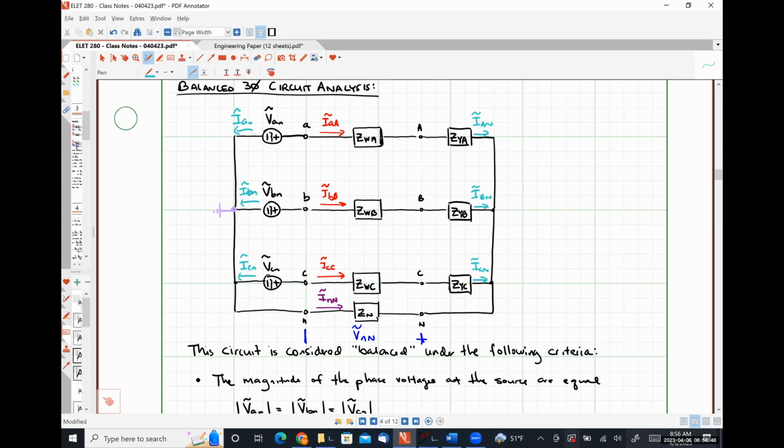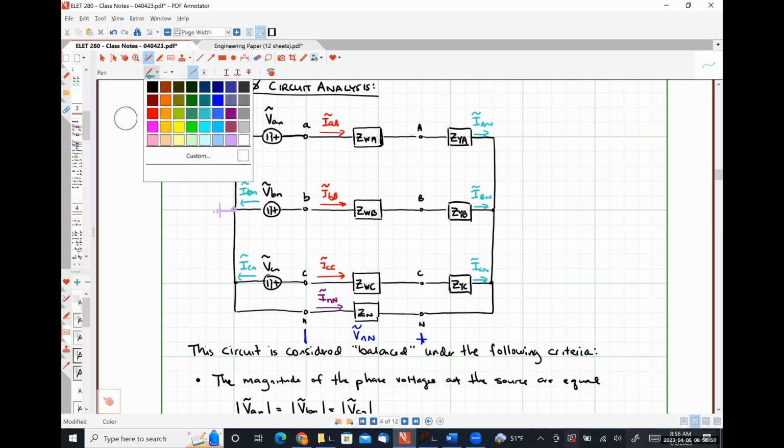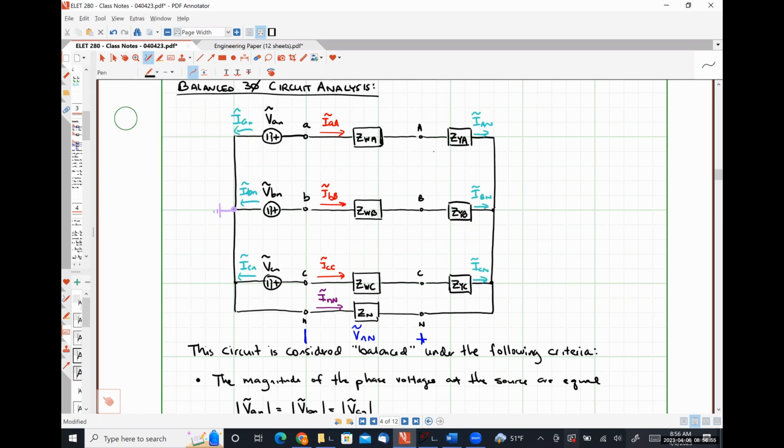What if we wanted our phase voltages across our load? Sorry, that should be BN.